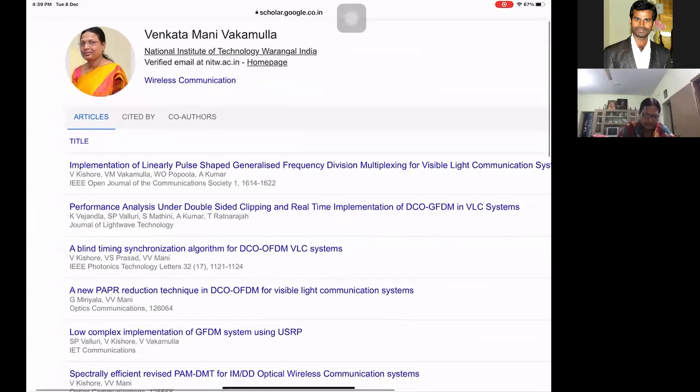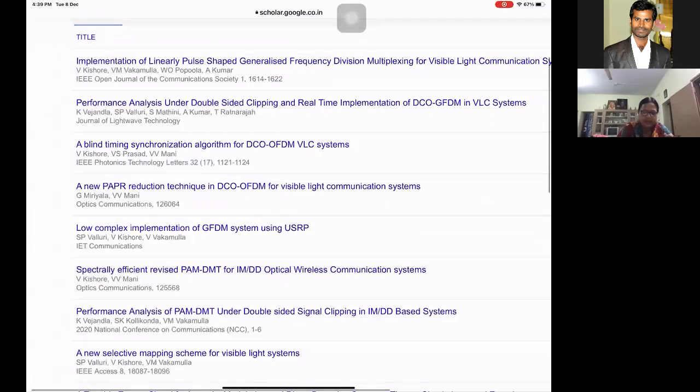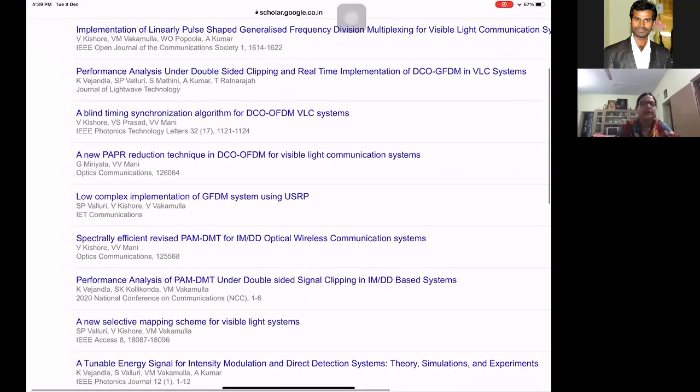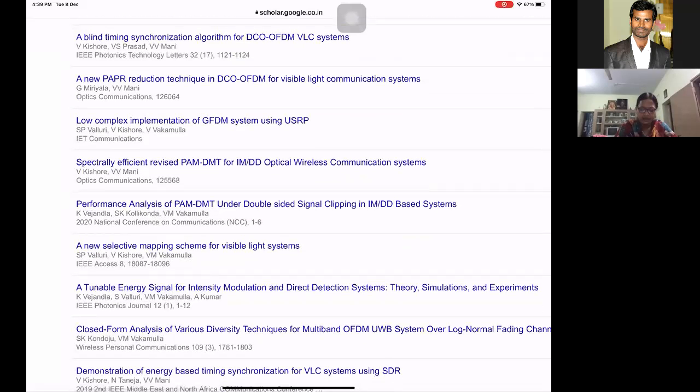And there is another paper in IEEE Photonics Letters, a blind timing synchronization algorithm for DCO OFDM VLC systems, and new PAPR reduction techniques in DCO OFDM for visible light communication systems. These are some of the works we have done at NIT Warangal. GFDM we have also implemented on an RF testbed, and spectrally efficient PAM DMT for IM/DD optical wireless communication systems.